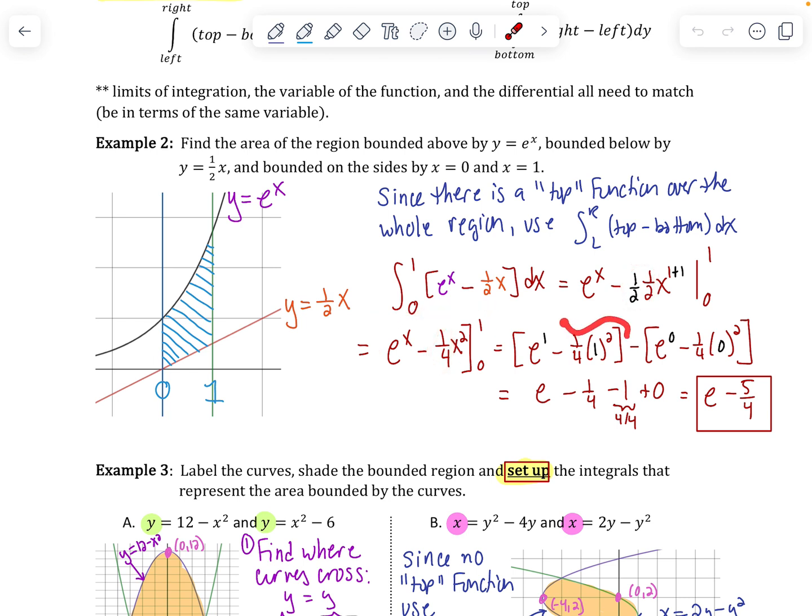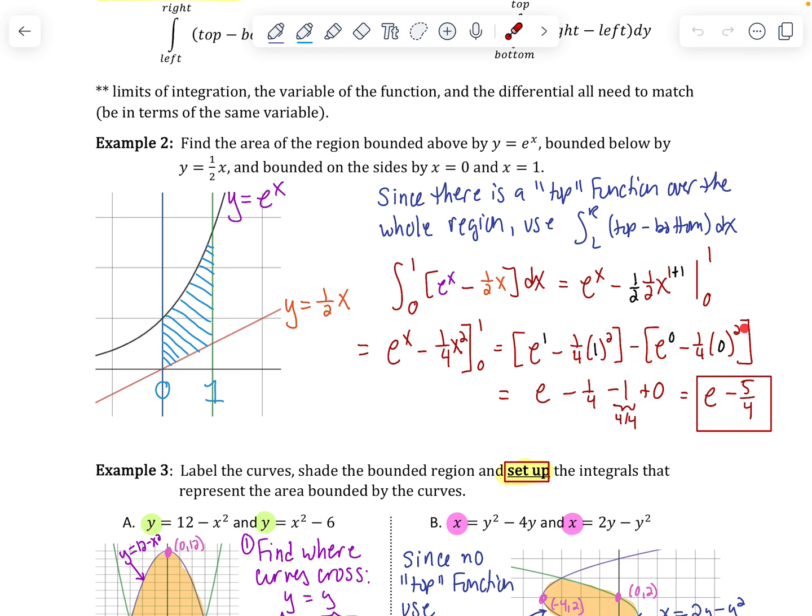And that was the only cleanup that really needed to be done, where first I'm going to find f of b, where I've plugged a 1 in wherever the variable x was, minus f of a, where I've plugged a 0 in wherever the x variable was. So e to the 1 is just e, 1 squared is 1, so I have a minus a 4th.